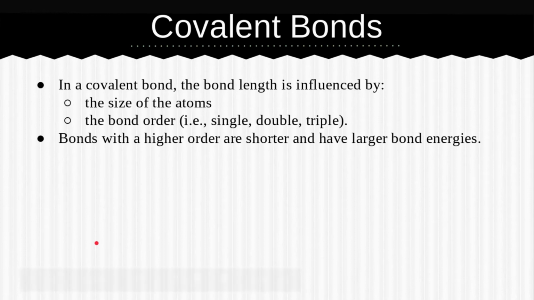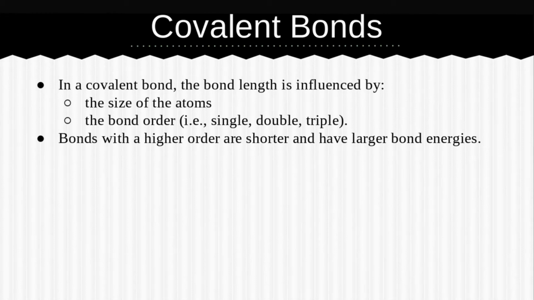So the length of the bond and the strength of the bond, how much energy it has, are influenced by two main things. First, the size of the atoms, and second is the bond order, which just means whether the bond is single, double, or triple. If a bond has a higher order, it'll have a larger bond energy, and it will also be shorter.